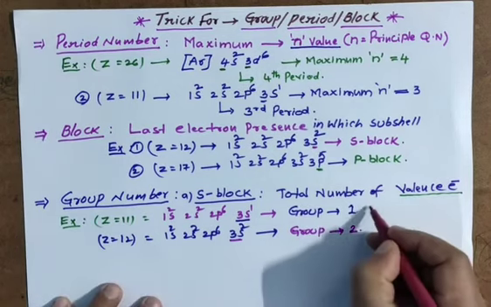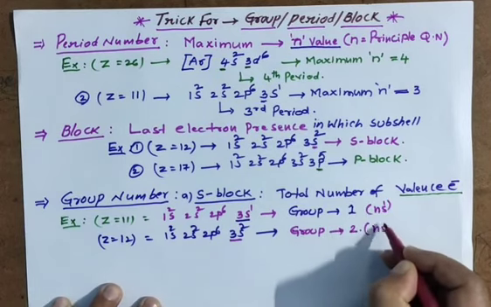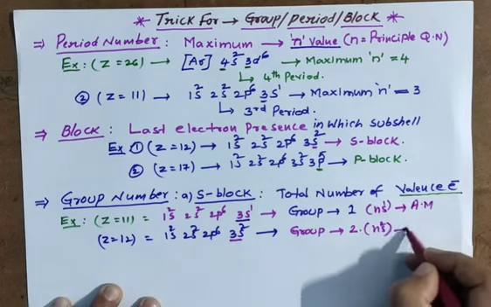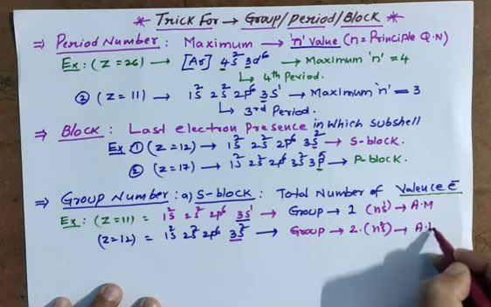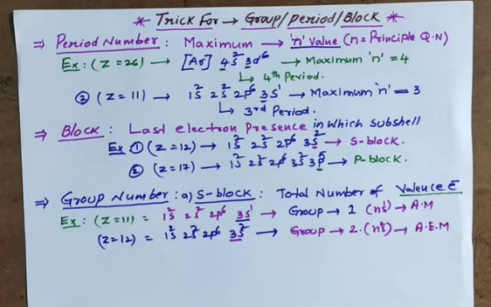This is ns1 configuration, this is ns2 configuration; this is alkali metals, and this is alkaline earth metals. Both belong to s block. Like this, simply you can predict the group number for s block. And similarly for p and d also you can go.